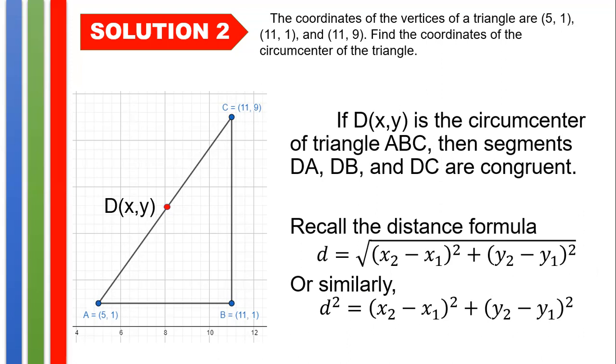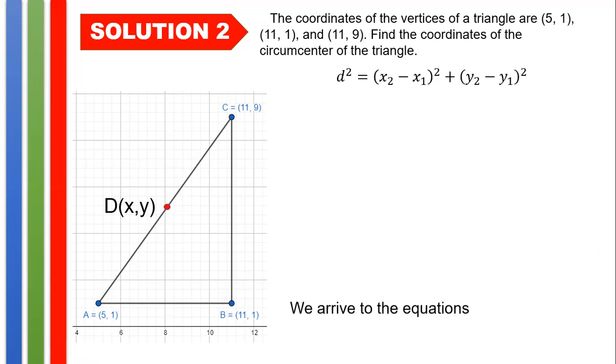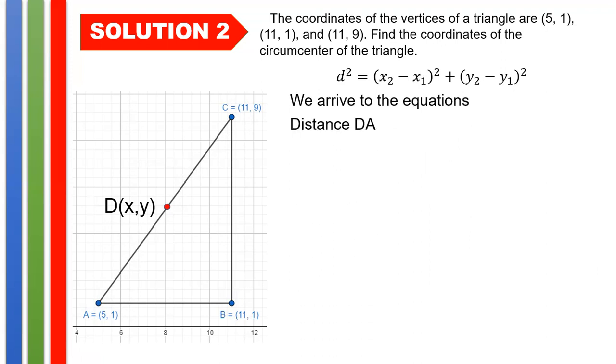From here, we can see that if we use this formula, looking for distance DA, by substitution, that's (x minus 5) squared plus (y minus 1) squared equals d squared. We let this be d squared because we don't know yet what the distance is.